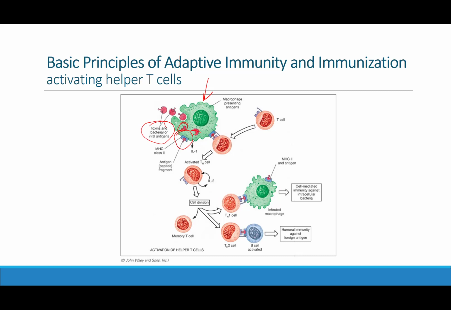So we have antigen and MHC2 proteins, and if they find a T cell that can bind there, then this is the CD4 protein. That CD4 protein latches onto the MHC2 complex, and the antigen then triggers activation of a helper T cell.